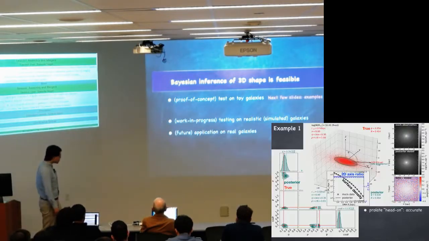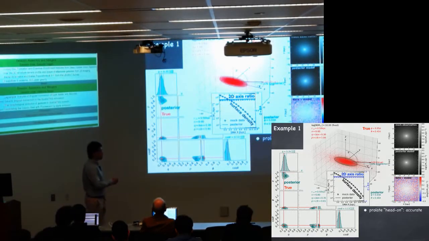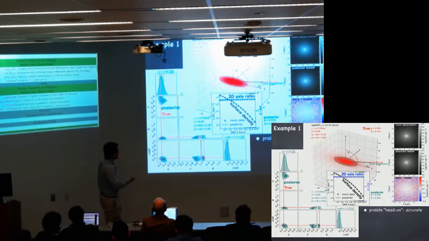Okay. So here is the same galaxy that I showed you in the beginning. It's a prolate system viewed from very close to head-on. So here we have the observables like surface density, axis ratio profiles, and we have this mock image. The red represents the true intrinsic configuration. So the red vector is the true line of sight. And through some basic inference, we can reconstruct the image as well as the surface density profiles.